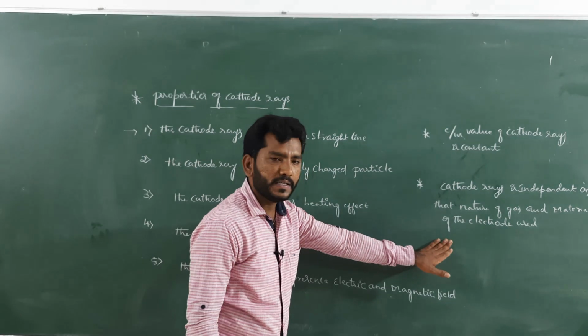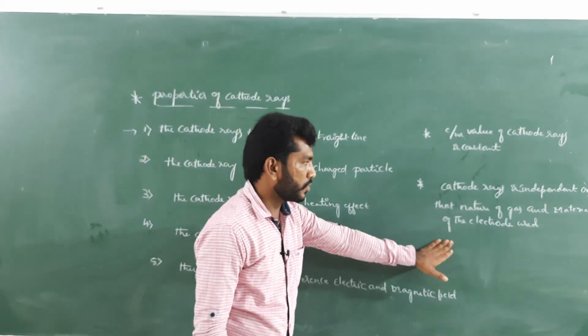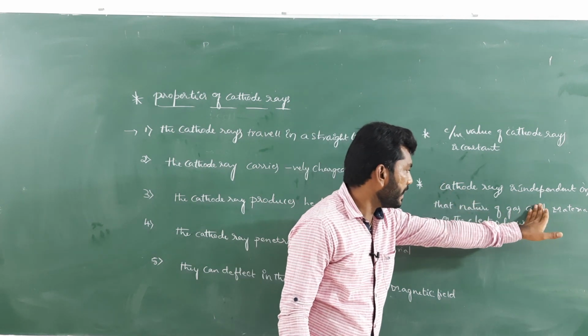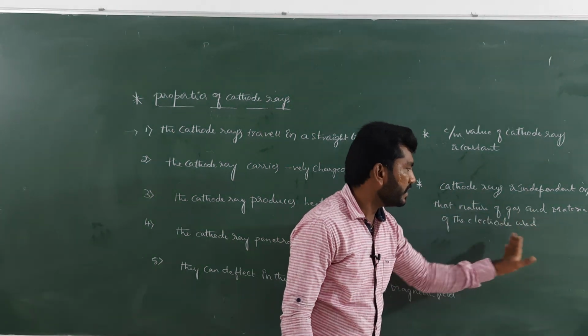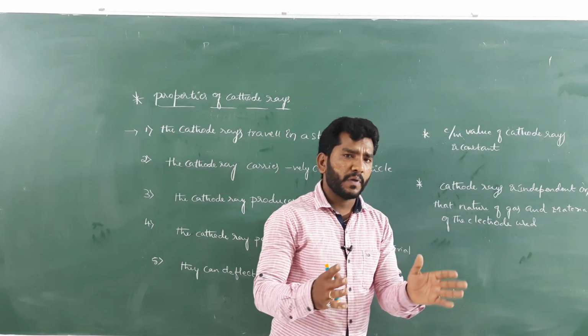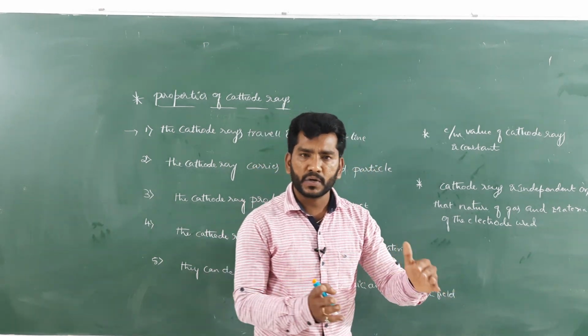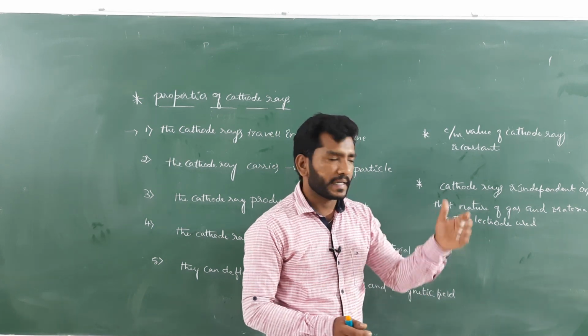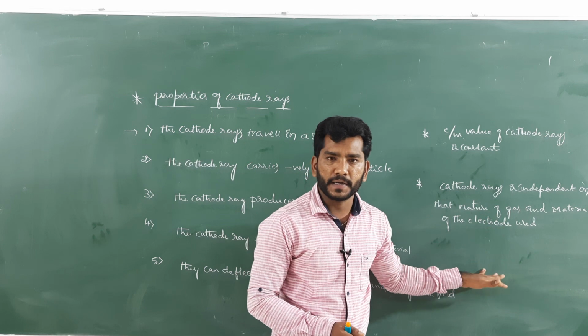This is one of the most important properties of cathode rays. Whatever gas you take, or whatever electrode we have used in the discharge tube experiment, the cathode ray doesn't depend on those factors.